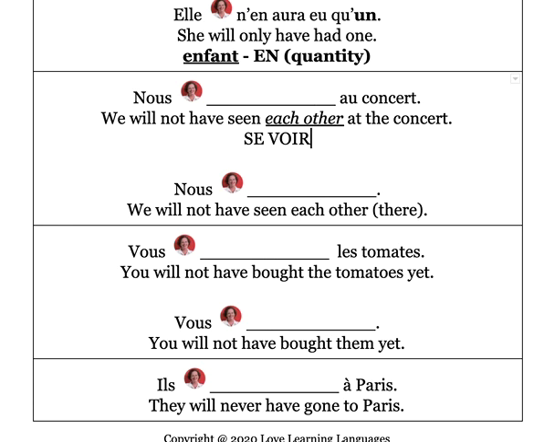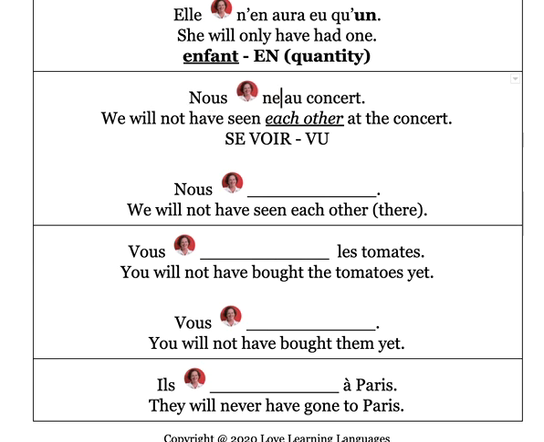To do something to each other rather than to oneself. So your past participle is vu. We're going to use être as helping verb. Nous ne nous serons pas vus au concert. There could be an E in there as well, depending on who nous is actually representing.